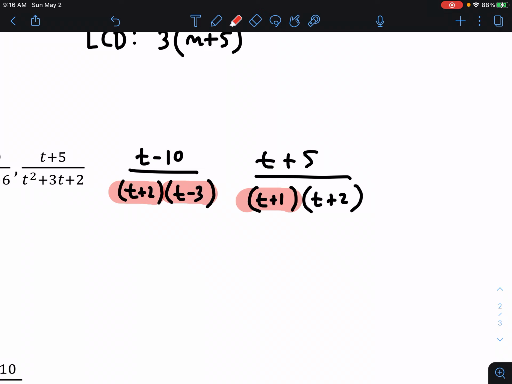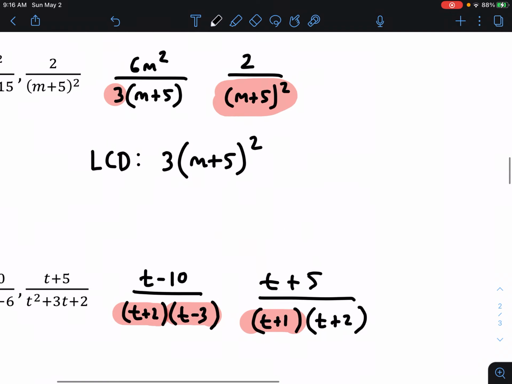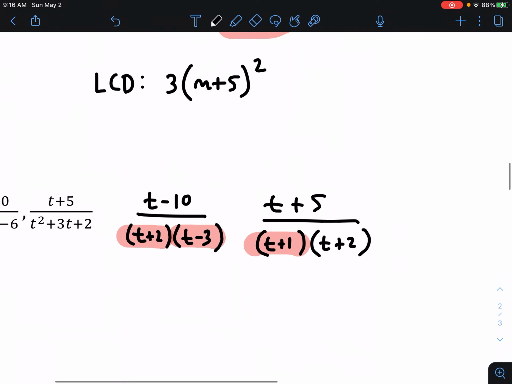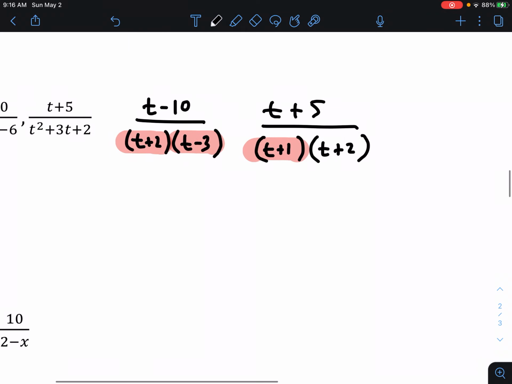Okay, so we're only going to take things once. We don't ever want to take something twice unless we have something like this where we have an exponent of 2. Then we would take it twice, all right? So that's why we always highlight the unique things, and then if there are common things, we take whatever has the highest exponent. Well, in this case, the t plus 2s have an exponent of 1, so we're just going to take one of them.